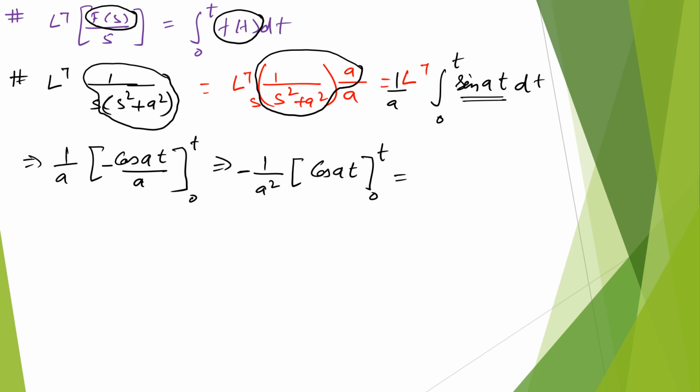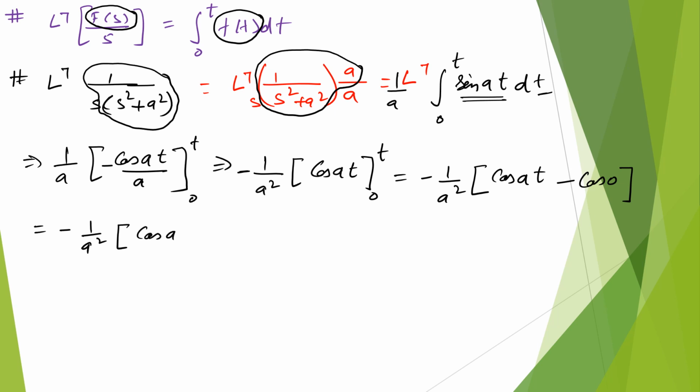Now finally we get minus 1 by a square and cos at, because we are putting this limit for t, cos at minus cos 0. That means the result is minus 1 by a square (cos at minus 1) is the solution for the given problem.